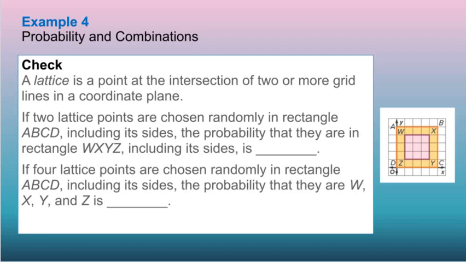For this first one, we're looking at it has to be inside the smaller rectangle. So there's 16 lattice points. Lattice points means these corners here. So there are 16 on the inside. So we have 16. We're only choosing 2.